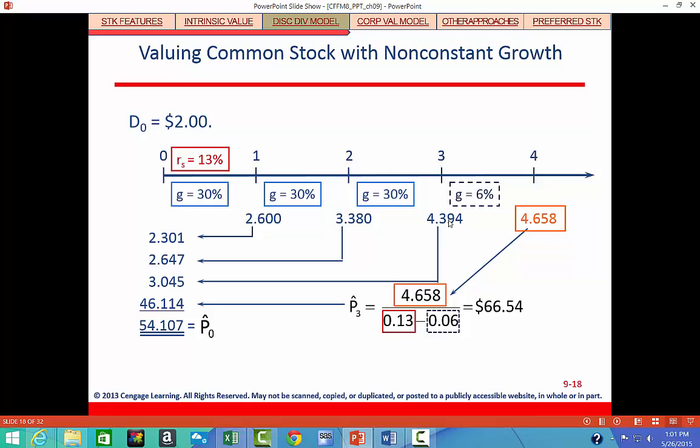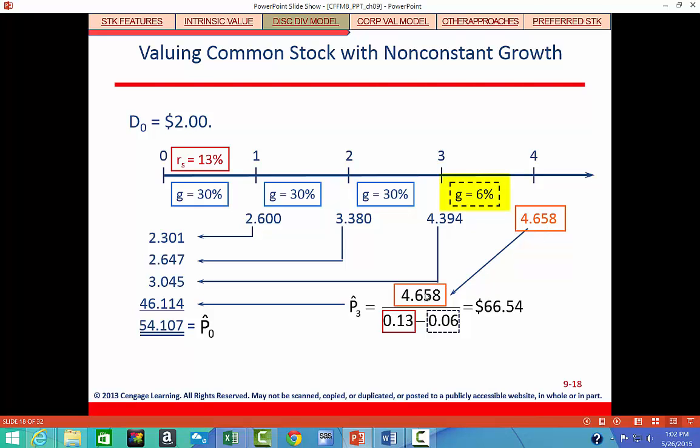We need to find the value of the dividends growing at 6% after year 3 forever. So remember, if we wanted to find the value of something at time 3, which is the case for this problem, we need D4 over R minus G, and we're still using this constant growth model here. So I need to go ahead and get D4, which is where I multiply $4.39 by 1.06 using this new second constant growth rate, and I get 4.658.